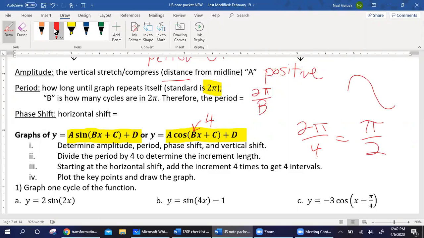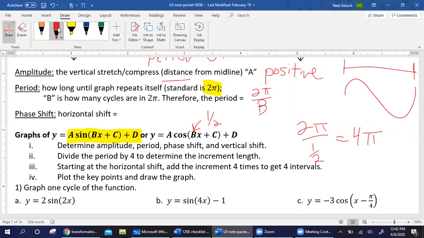That means I'd finish a full sine wave over a distance of pi over 2 radians. And vice versa. If I had a fraction, like a half, I would take 2 pi divided by a half, which would mean multiply by the reciprocal and get 4 pi. So I would finish a sine wave after a distance of 4 pi.